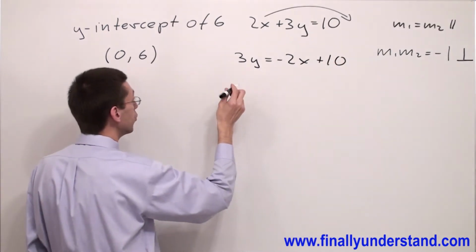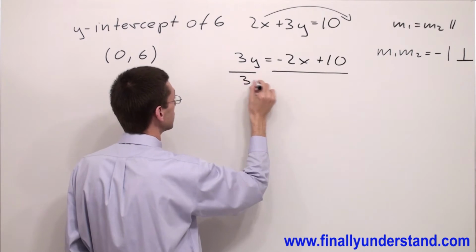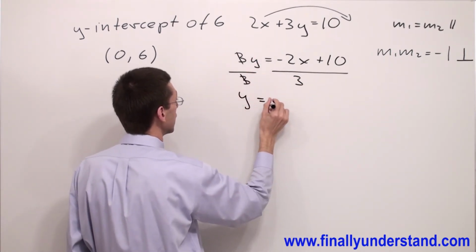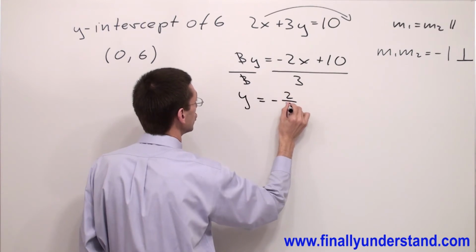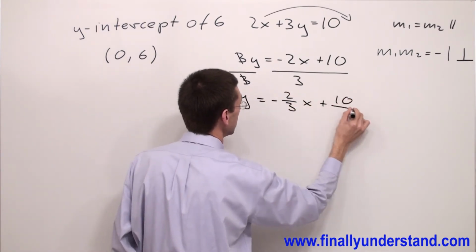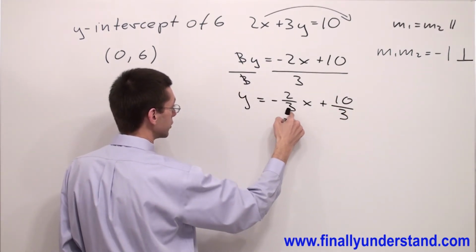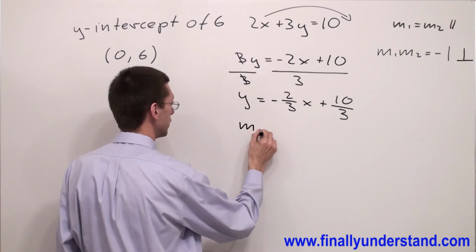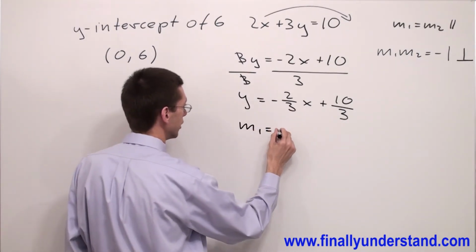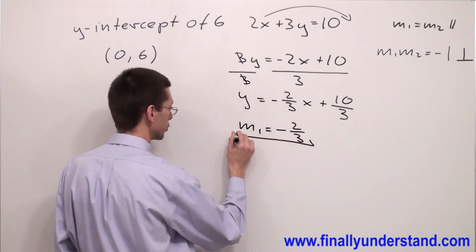In order to find y, I have to divide both sides of this equation by 3. 3 and 3 will cancel out, so y is equal to negative 2/3 x plus 10 over 3. The coefficient of my x is my slope. m1 is equal to the coefficient of x, which is negative 2/3. So this is my first slope.